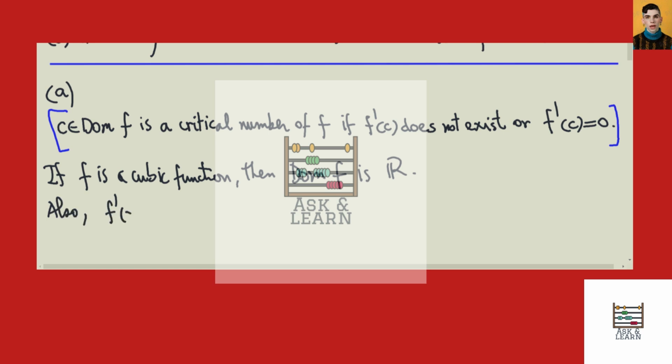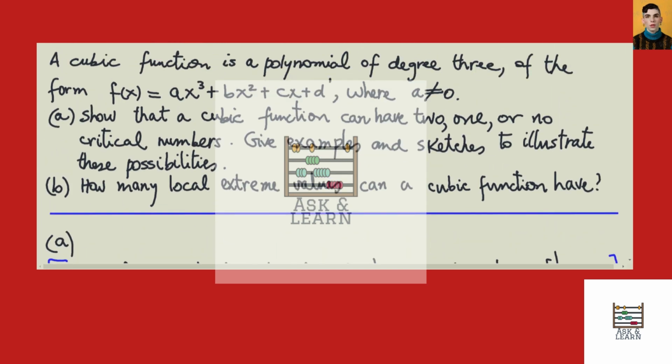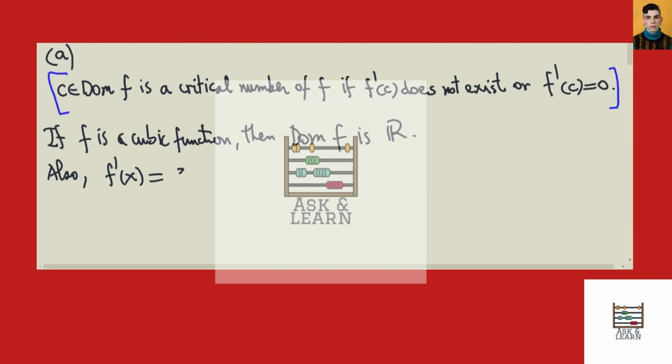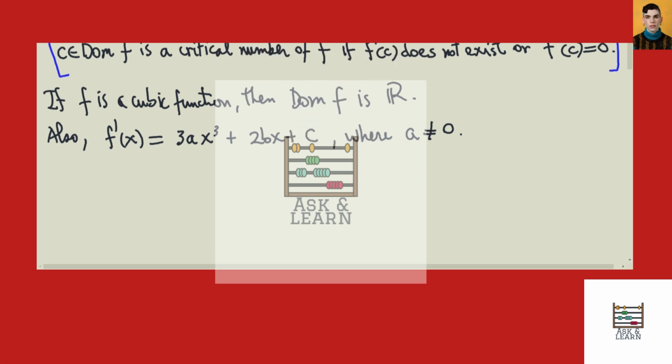The derivative of f is given by, we have to find the derivative of this general expression here, 3ax squared plus 2bx plus c. And we know from the statement of the problem that a is not 0. Sorry, here I made a mistake, it's 3ax squared.